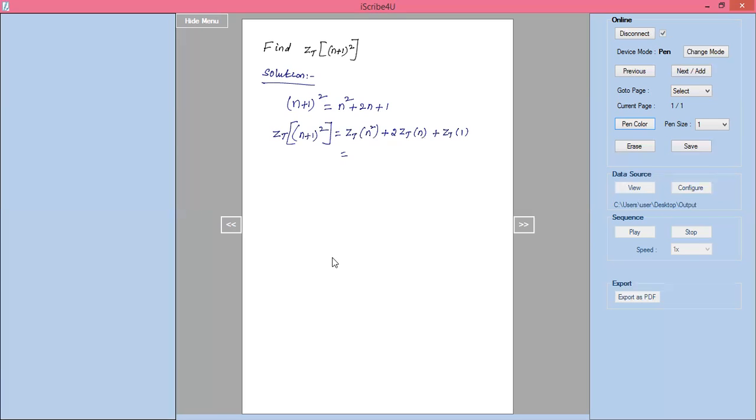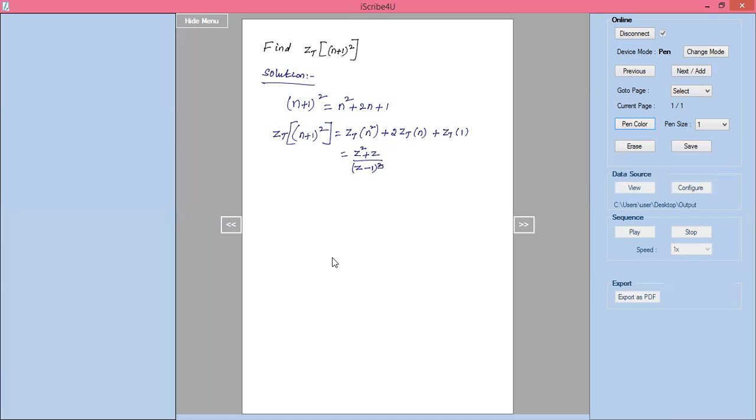Z transform of n square is nothing but, already we studied it in the formulas, Z transform of n square is z square plus z divided by (z minus 1) whole cube.